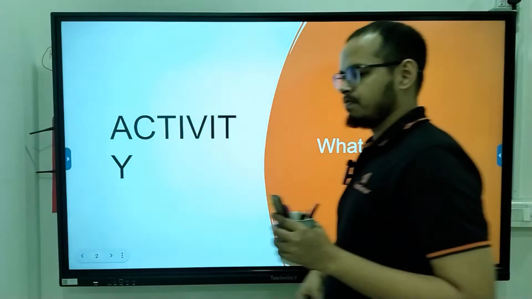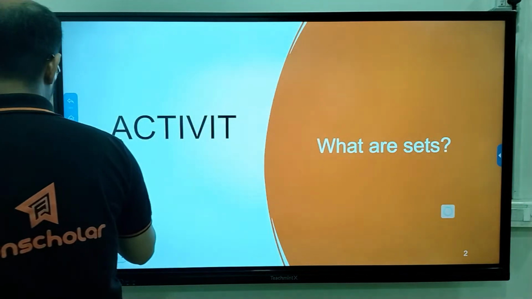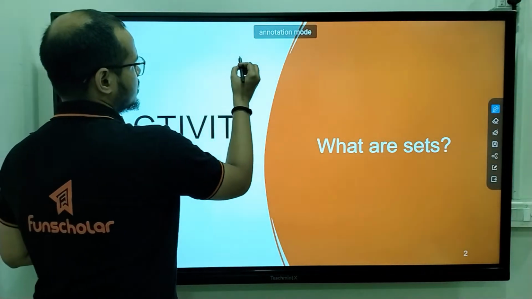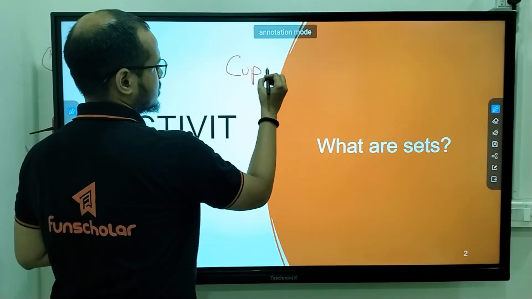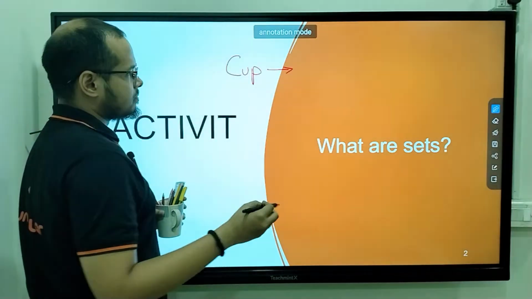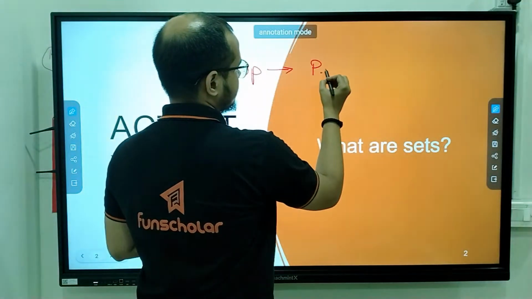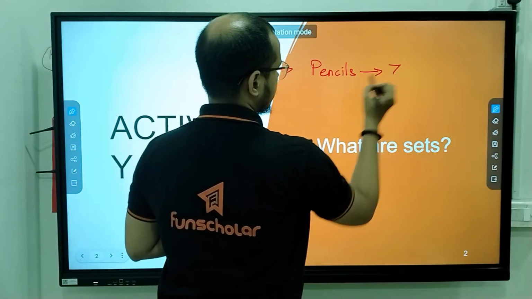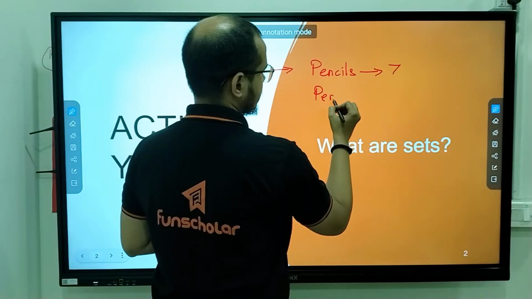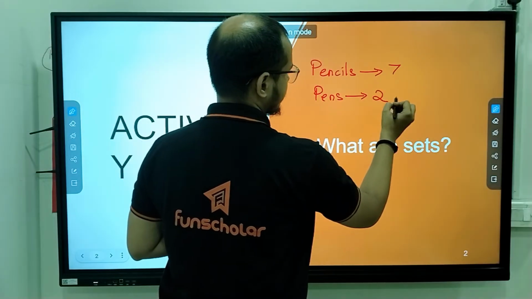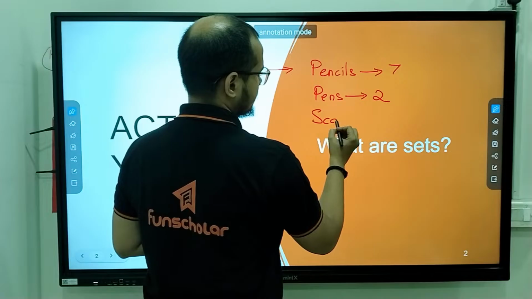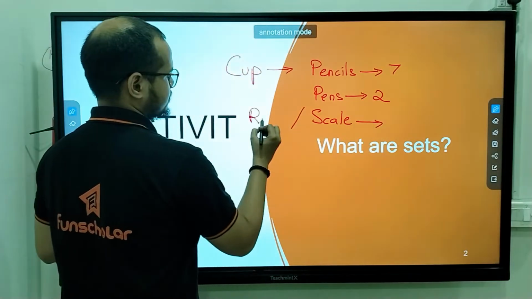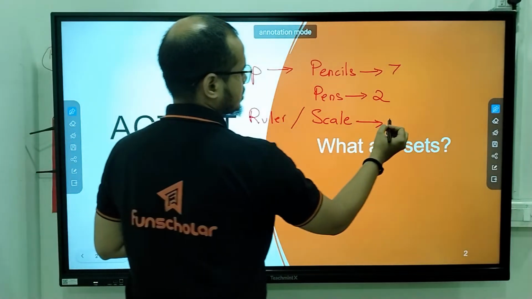So I'm already carrying a cup. In this cup, what are the things that are present? Pencils are present. Number of pencils is 7. Pens are present. Number of pens is 2. And lastly, scale or ruler, that are 3.